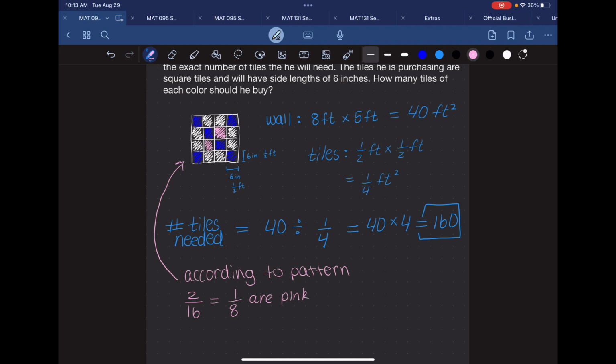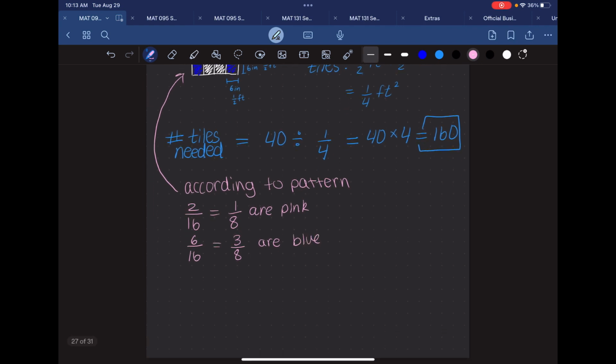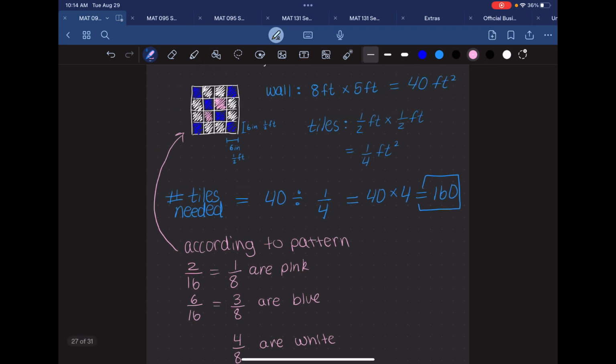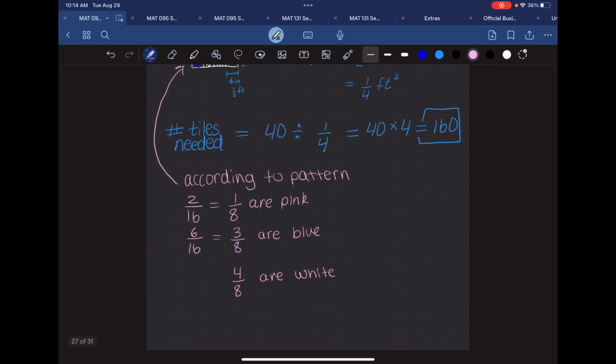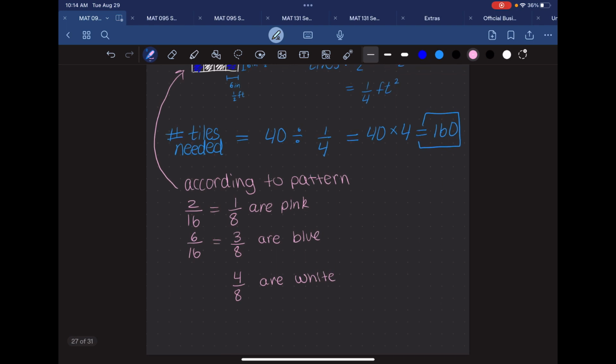We have that 6/16 or 3/8 are going to be blue. And then 4/8 are white. Okay, so 1/8 of the tiles that we buy should be pink. 3/8 of the tiles we buy should be blue, and 4/8, which is the same as 1/2, should be white.